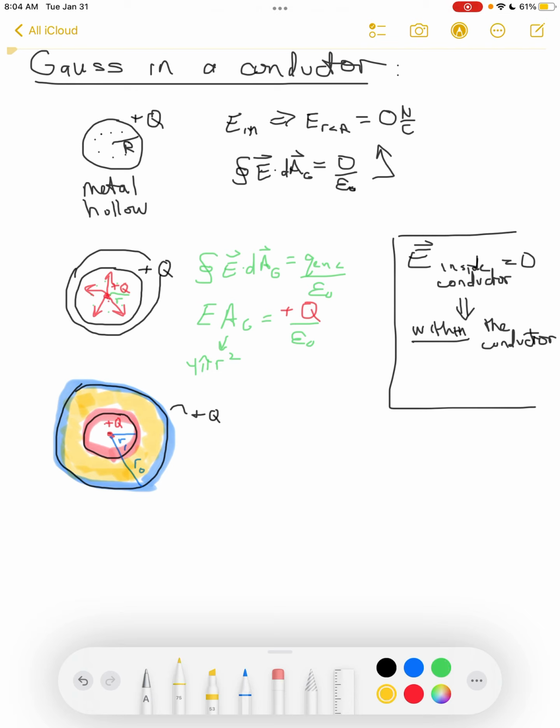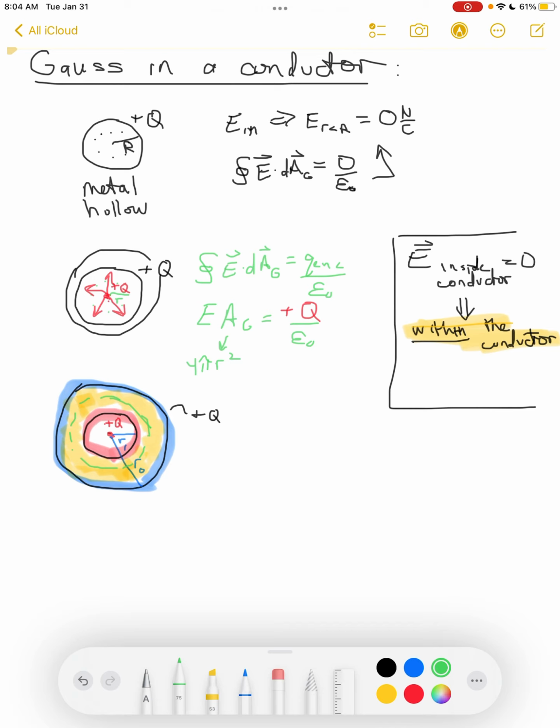If we draw, this is the within the conductor highlighter. There we go. Our Gaussian here. Okay?